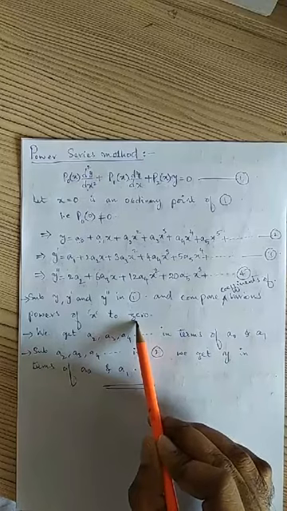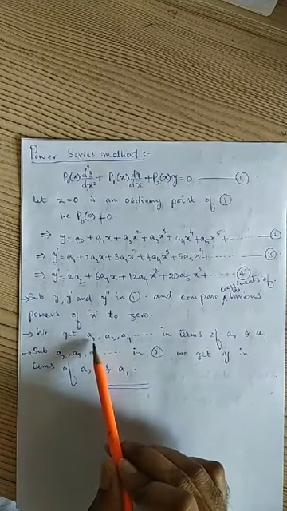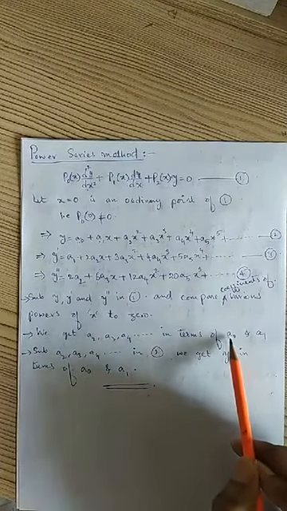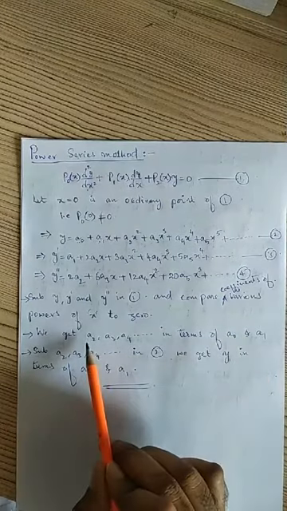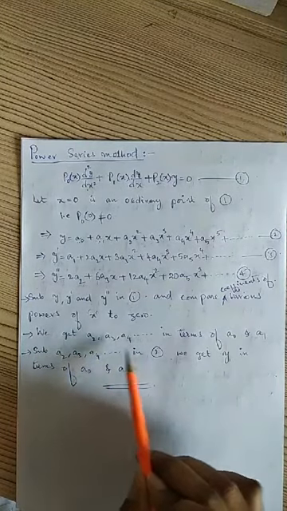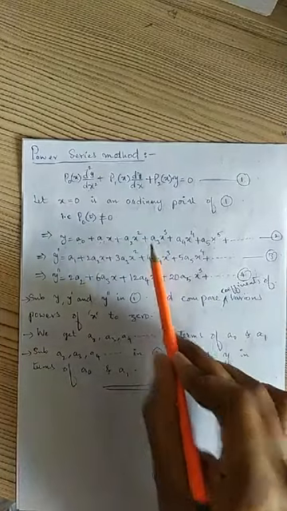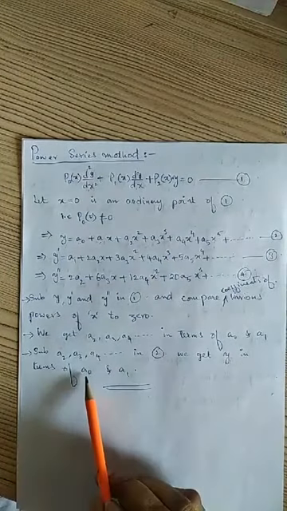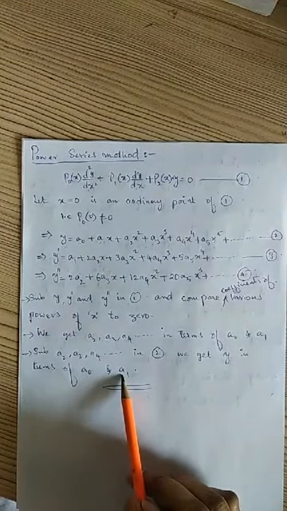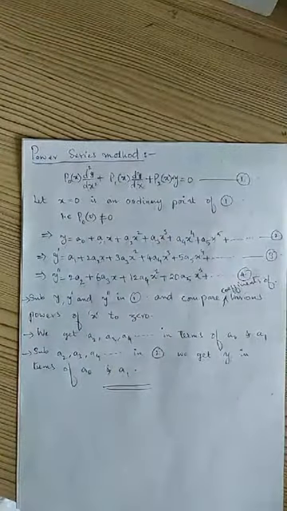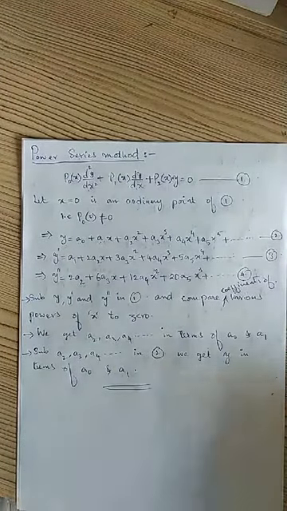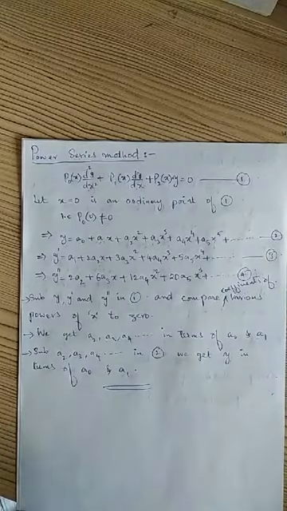So step by step we will get the values of a2, a3, a4 in terms of a0 and a1. Now substitute these values of a2, a3, a4 in 2, means in this. Then we will get y in terms of a0 and a1. That will be the general solution of the given equation, right? We will see problems related to this. The same procedure we will repeat in problems also. So we will start with the first problem.